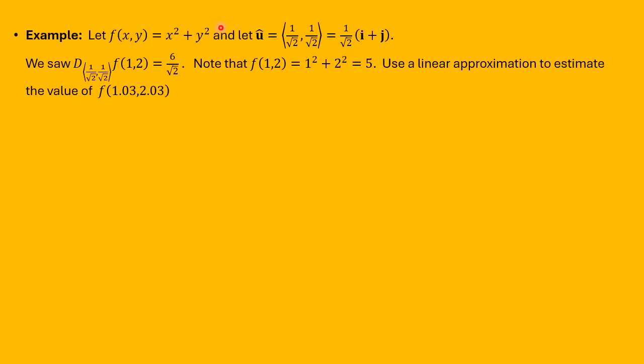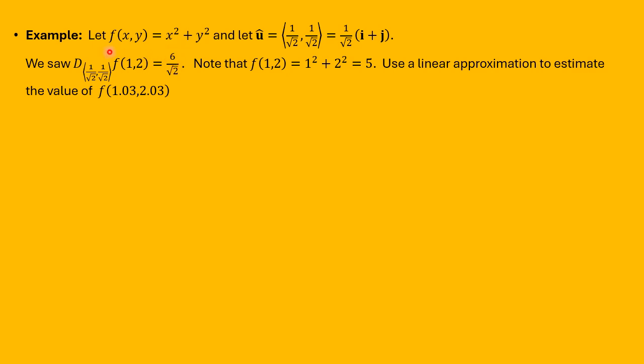So let's consider the following example problem. Still using the same function as before, and the same unit vector u hat. Let f of x, y be this, and let u hat be this vector, which we saw we could write this way if we wanted to. We saw that the directional derivative of f in that direction u hat, evaluated at the point (1, 2), was 6 over the square root of 2.